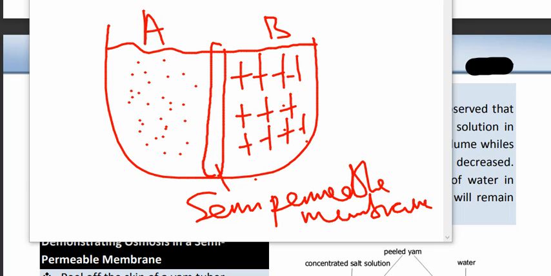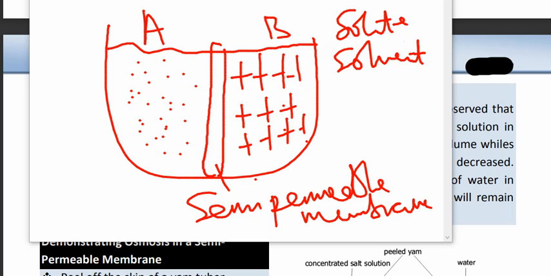Now remember, a solution is made up of solute and then we have solvent. Solute is any substance which gets dissolved. Is that okay? It could be sugar, it could be salt. We also have solvent. Solvent is usually liquid. Okay, so we have water as the universal solvent.